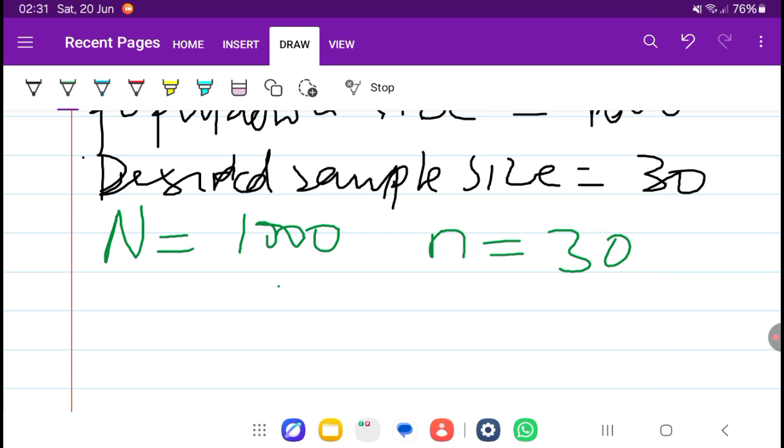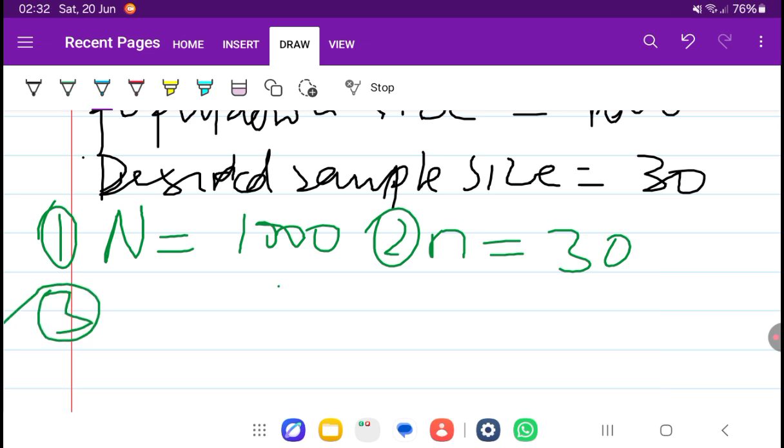Equaling to 30. So of course this was the first step. This is the second step. Now the third step is for us to compute the N over n, population over the sample size.